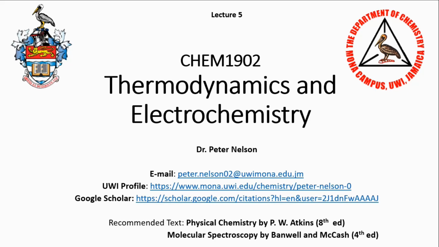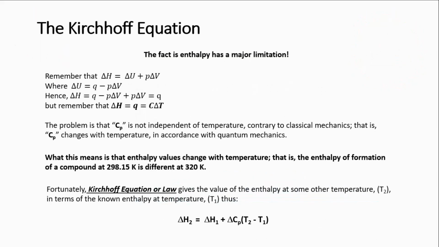Okay, students, so of course we continue with our thermodynamics. Now we want to look at an important situation where enthalpy has a limitation that we must be aware of.